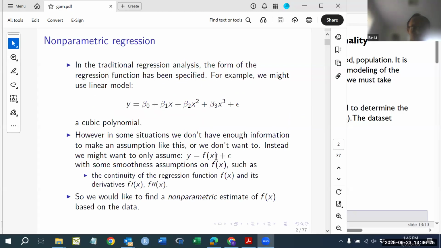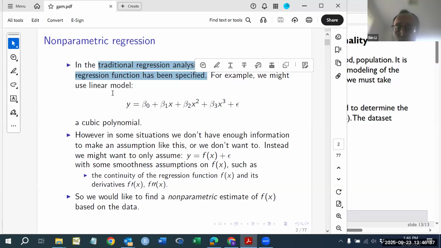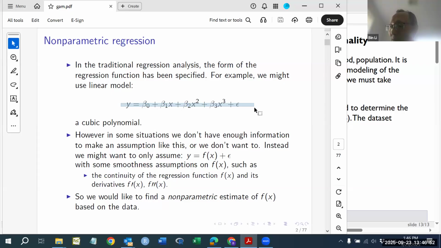So, the non-parametric model. In traditional regression analysis, the form of the regression function has been specified. For example, we can have this as a linear model. You may ask, wait a minute, this is not a linear model. This is a polynomial model, right? But in statistics, we can still consider it a linear model. How? Here we have y equals beta 0, that's the intercept, plus beta 1 x, right?